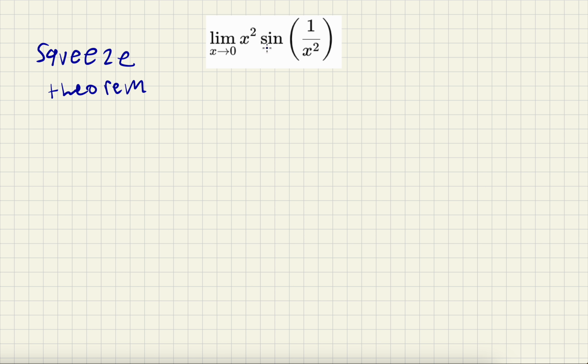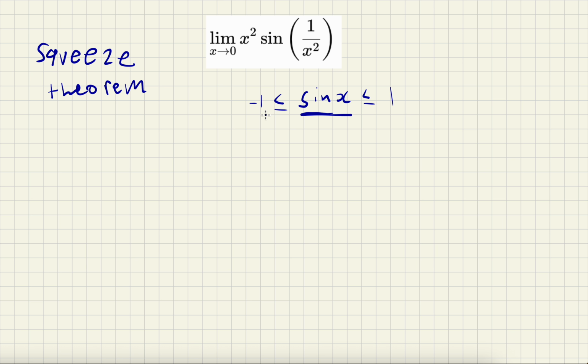All we're doing is basically constraining sine. And what I mean by that is we know that sine of x cannot be less than -1. And it cannot be greater than 1 as well.